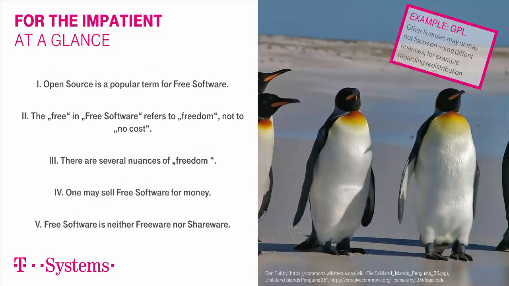There are a couple of other licenses as well, like the Apache license, the MIT license, and several others. And there are also a couple of websites that compare the subtle details of the single licenses amongst each other.